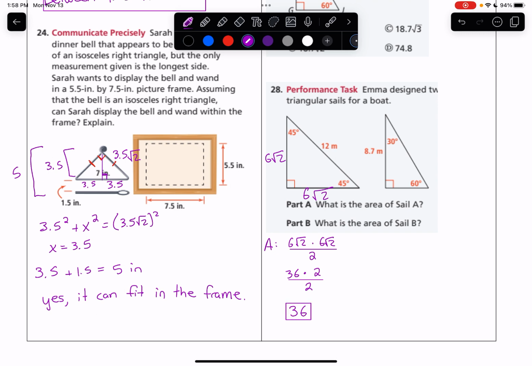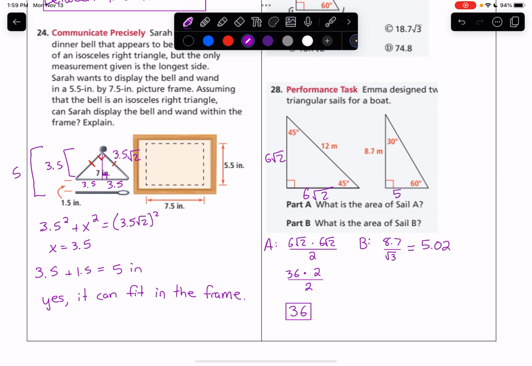And then for triangle B, we have a 30, 60, 90 triangle where we know the medium side. So in order to find the small side, we need to take 8.7 and divide it by the square root of 3, because 8.7 is x root 3. 8.7 divided by the square root of 3 is roughly 5.02.